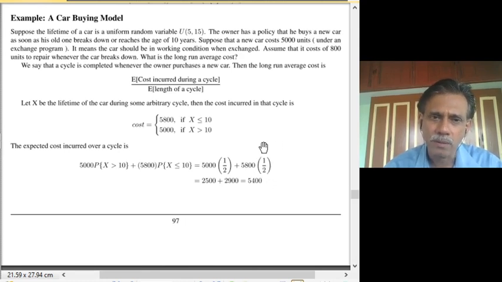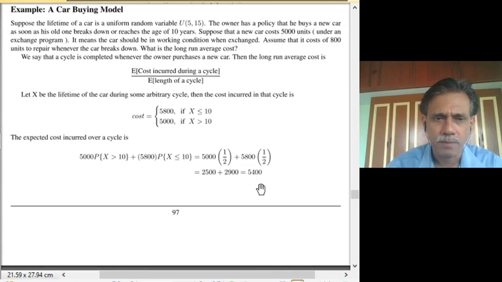So this is also 1 by 2, that is what it will come down to be. So from that you can find out that the expected cost is 5400.